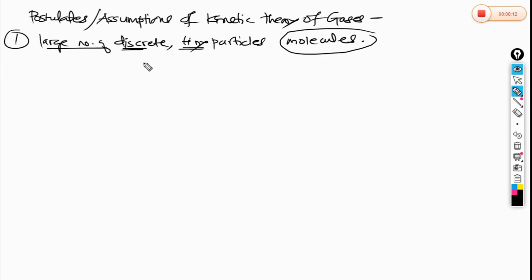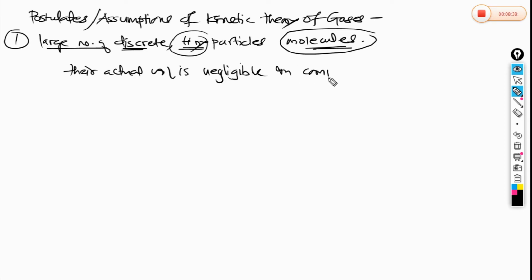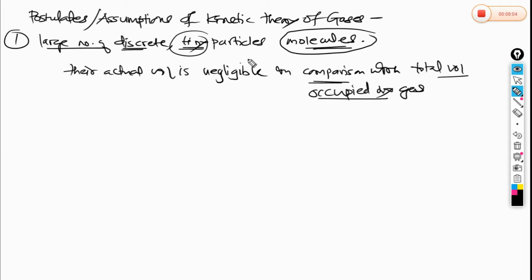The molecules are so small that their actual volume is negligible in comparison with the total volume occupied by the gas. In comparison with the total volume of gas, the volume of one molecule is very small, so it is negligible. This is the first assumption.